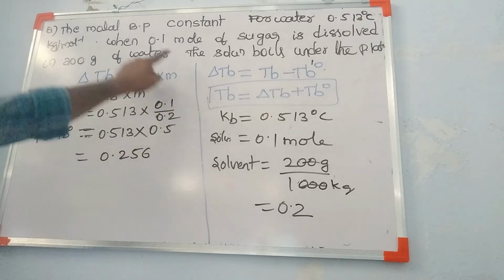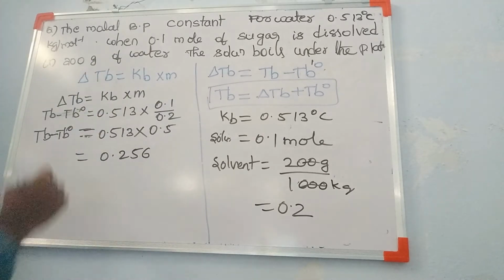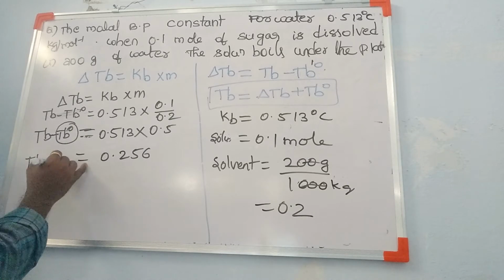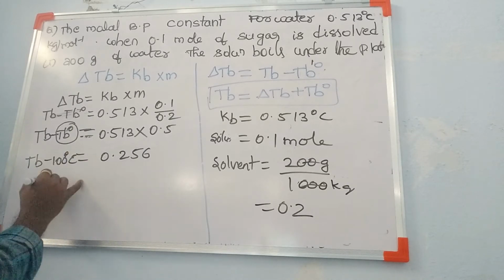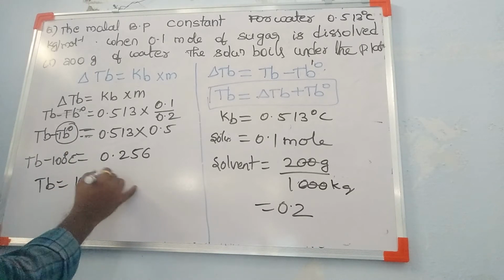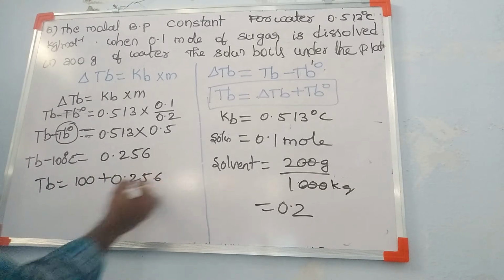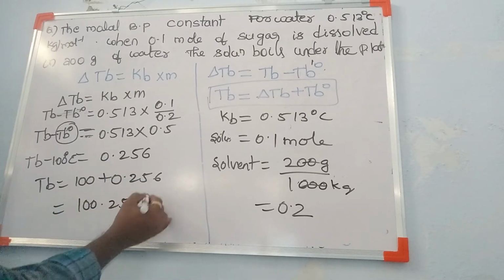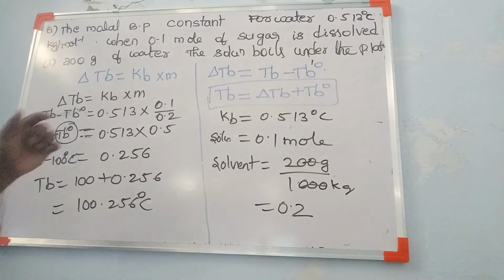We are taking water. What is the water boiling point? Water boiling point is 100 degree Celsius. So TB equals 100 plus 0.256, which is 100.256 degree Celsius. This is the boiling point of the solution.